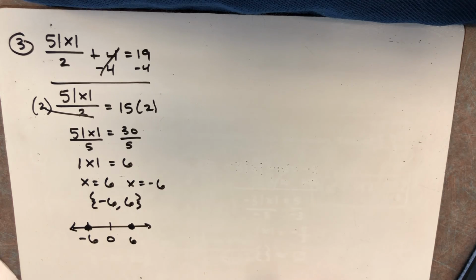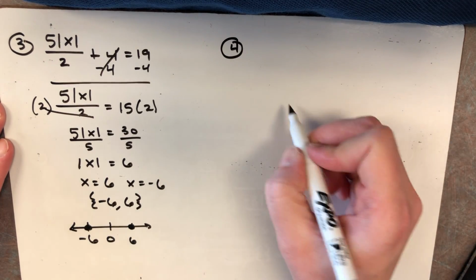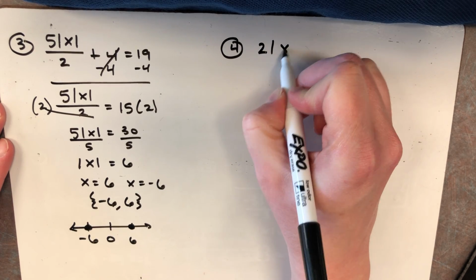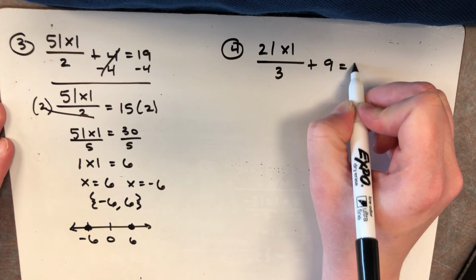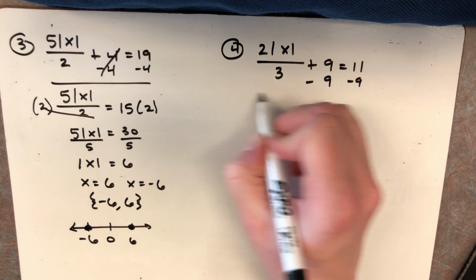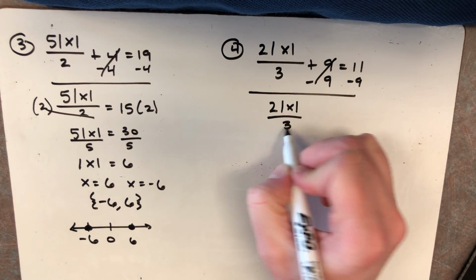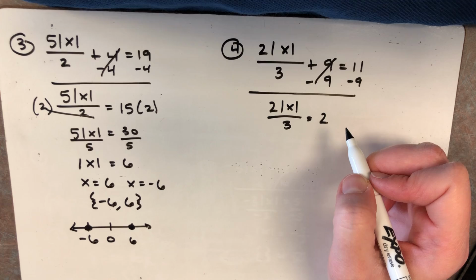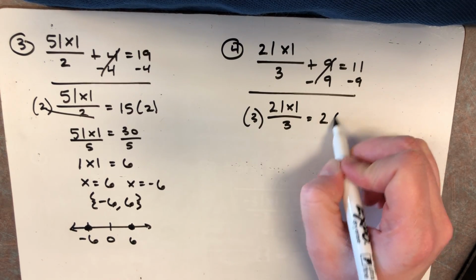All right, example 4 is going to be 2 absolute value of x over 3 plus 9 equals 11. So I'm going to start by subtracting 9 from both sides. 2 times the absolute value of x over 3 equals 2. Now I'm going to multiply both sides by 3.